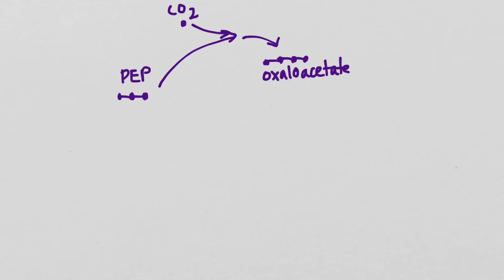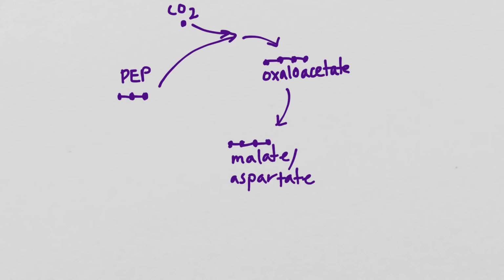That oxaloacetate can be broken down and we can create another 4-carbon molecule. We call that malate, also sometimes known as aspartate. But I think in your research you all found the term malate instead. And what we can do is break off a carbon from the malate when we need it.